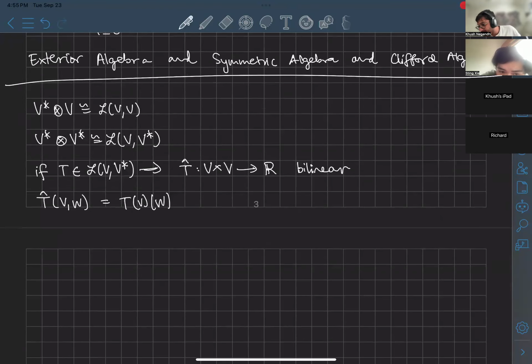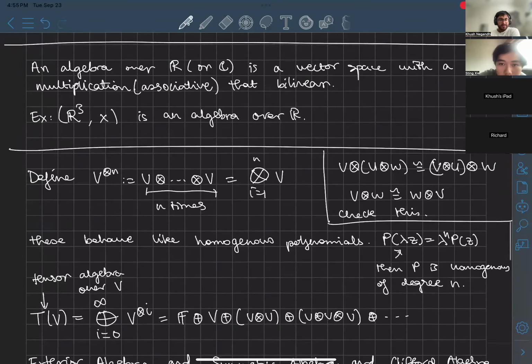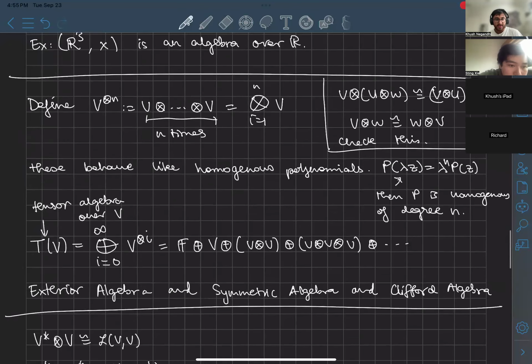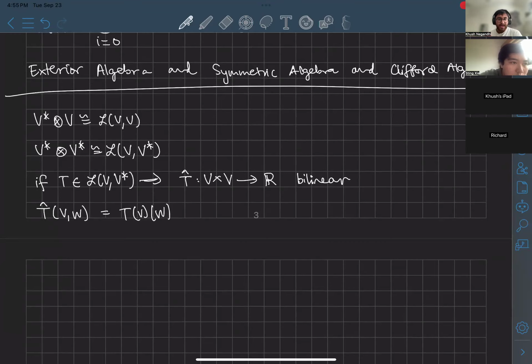So we can think of bilinear maps as just tensor products. Then because of associativity and other properties of the tensor product, we can think of trilinear maps as tensor products, and so on and so forth.